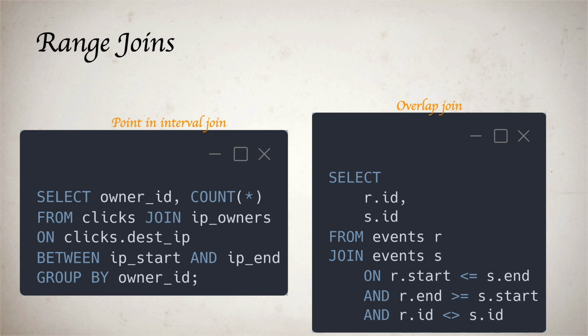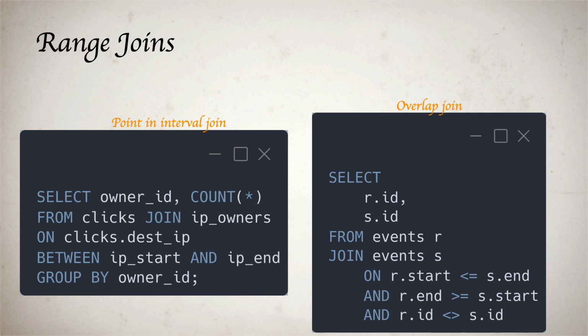The overlap join is: give me the rows where these tables or these data frames overlap based on a set of conditions. In the overlap join example, the SQL code should shed more light, where it says, give me only rows where the start from the left data frame is less than or equal to the end from the right data frame, and the end column from the left data frame is greater than or equal to the start from the right data frame.